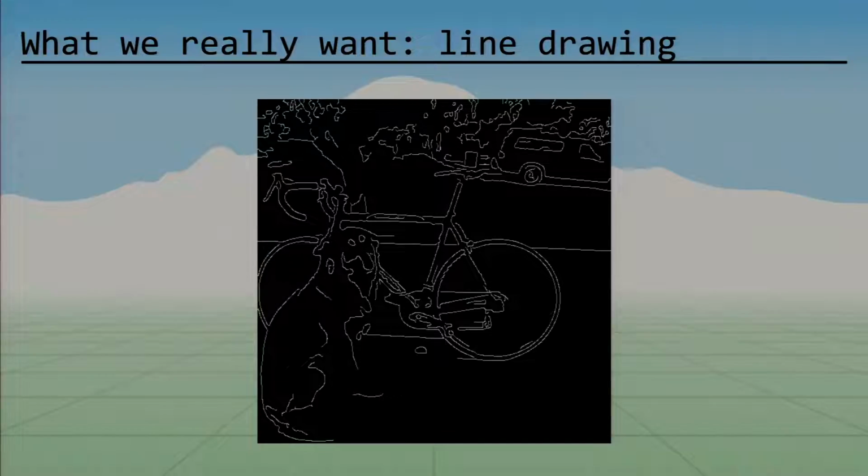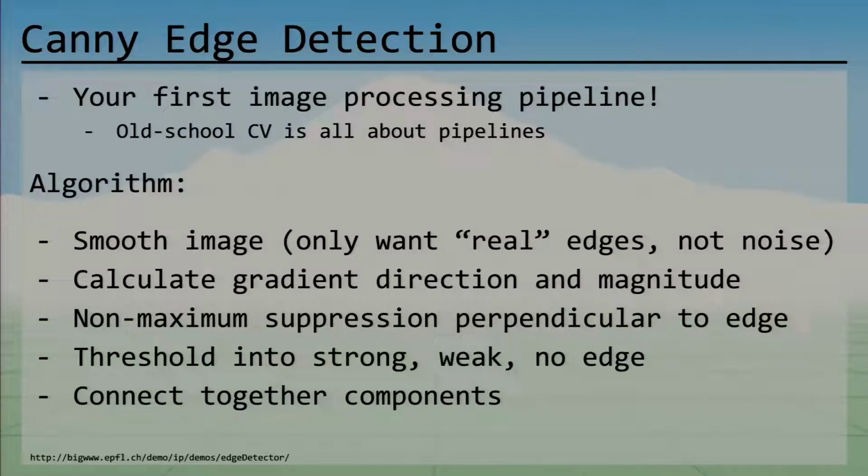So what we really want is, if you gave this image to someone drawing with a pencil, what marks would they make with that pencil to estimate where the lines are in the image? So we're going to talk about Canny edge detection, which was the most successful way of doing this that we have up till now, or a really common way of performing this task. And in particular, it's not just doing this gradient, but it's doing a bunch of post-processing afterward. And it's this image pipeline.